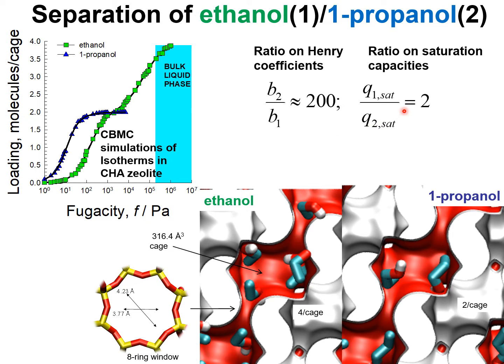However, the saturation capacity of ethanol is a factor 2 higher than the saturation capacity of 1-propanol. With ethanol, you can locate 4 ethanol molecules in 1 cage. With 1-propanol, only 2 molecules per cage can be accommodated.